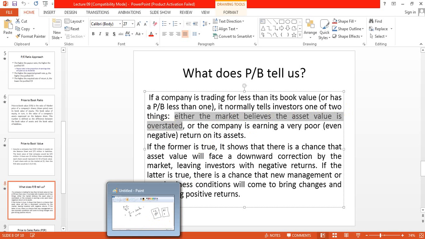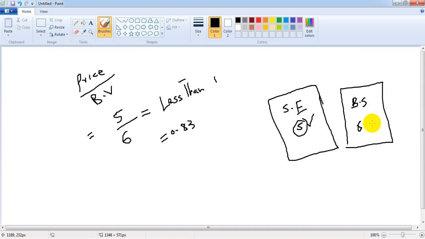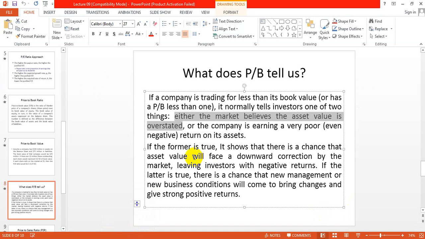That they are showing in the balance sheet, investors will think that the company overstates this book value. Investors will think that the value of share is overstated in the balance sheet. This is the first message.